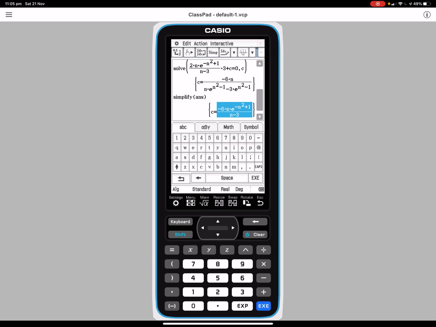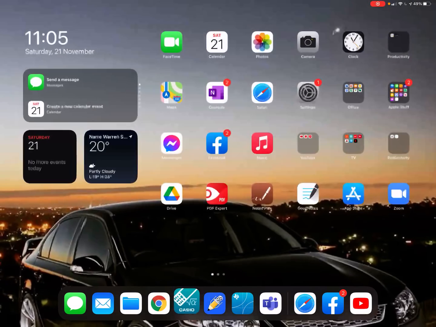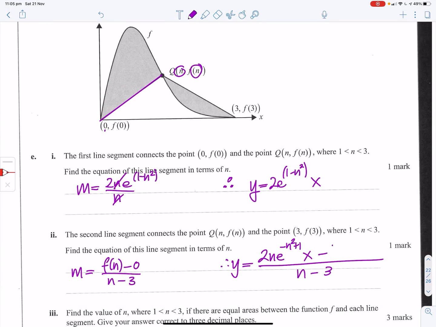And then I've got negative 6n e to the negative n squared plus 1. So you can see here, we can take out 2n e to the negative n squared plus 1. And we'd end up with x minus 3.